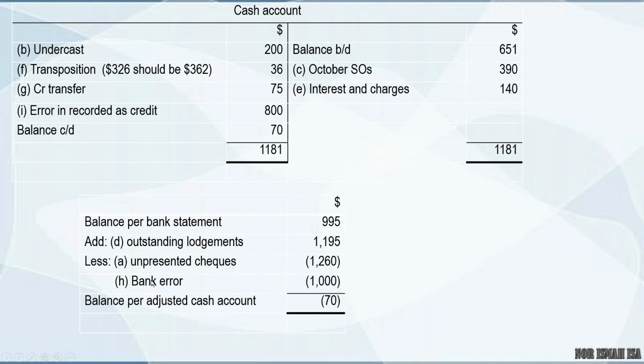And the error made by the bank, which is 1,000, should go to the No Brothers business account, but was wrongly credited to another account, so we need to minus back this amount. So at the end we get the balance for the adjusted cash book, which is 70 also, and as per the bank, this is a debit balance. So now the amounts agree.